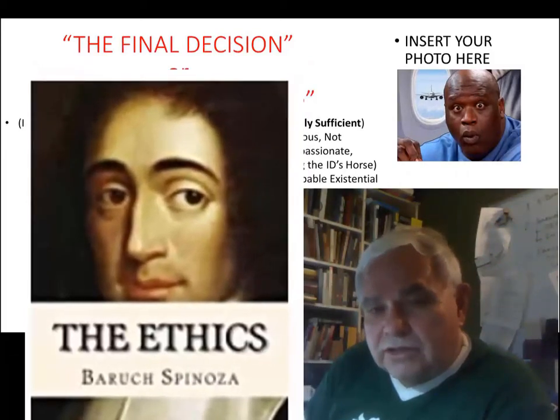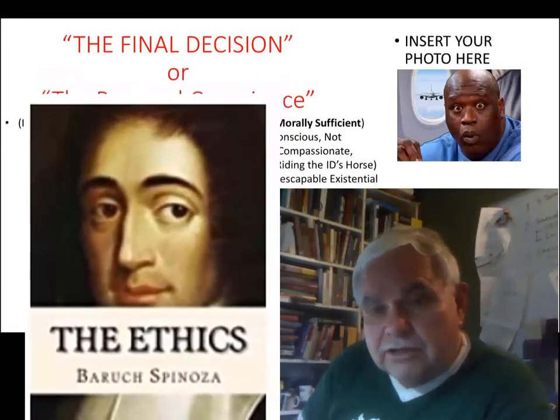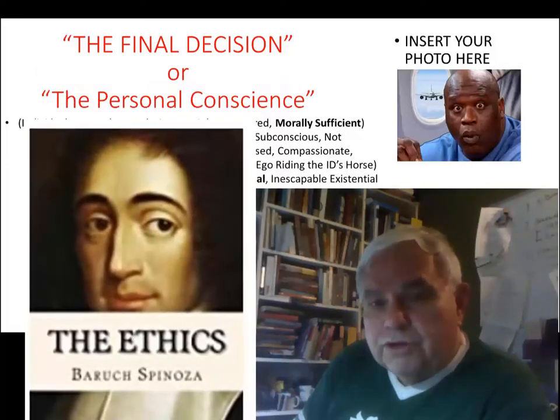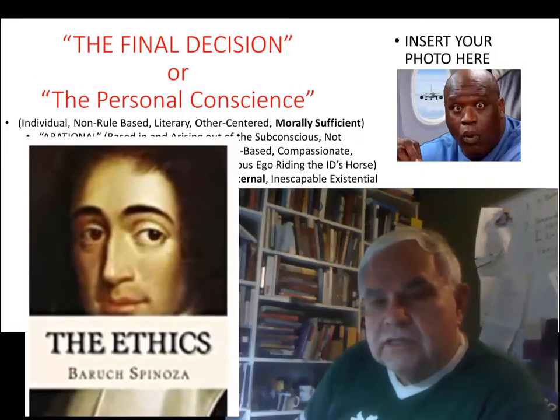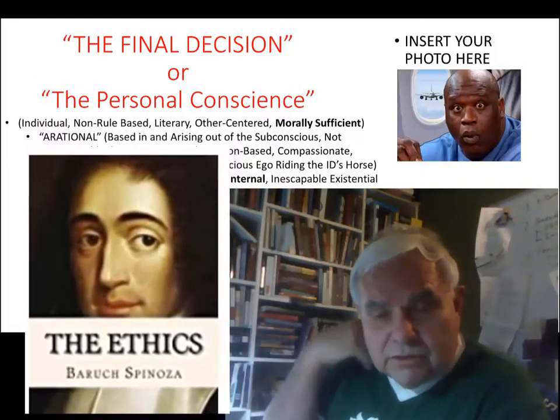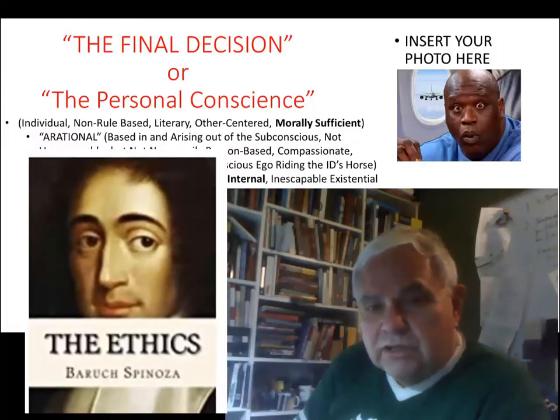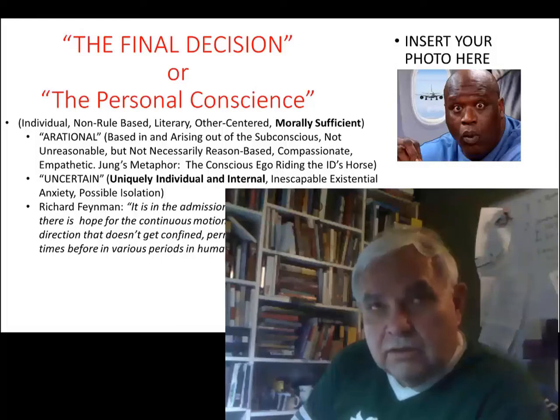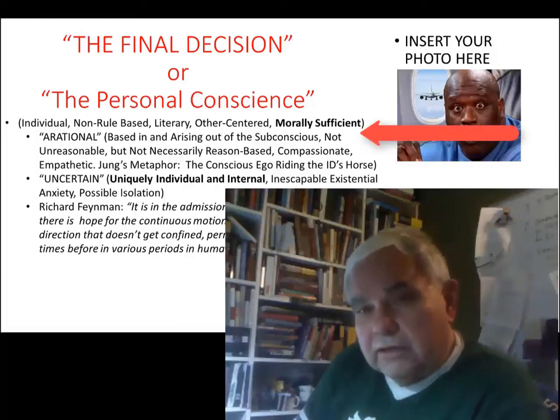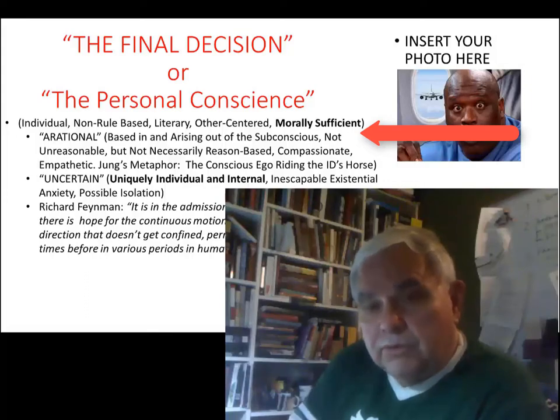We could look at it as a necessary condition to look at the right and the good, but then the sufficient condition is to take our subconscious as the final decision and accept that. It's individual, non-rule based, morally sufficient, arational, not irrational, but arational, coming out of the subconscious.